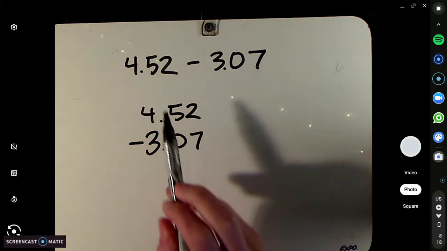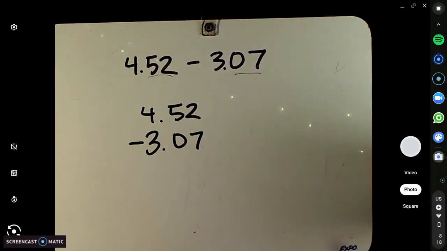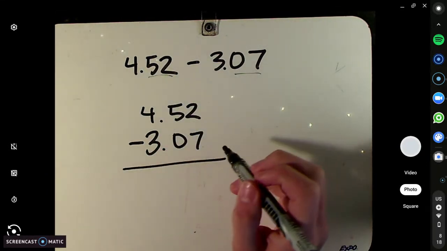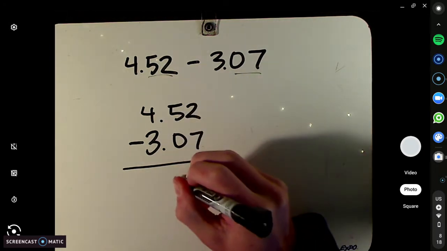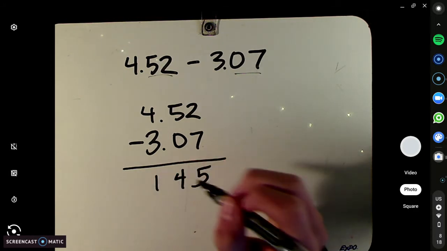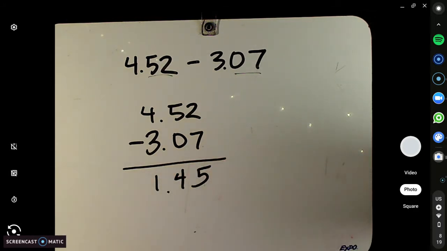Here, we don't have to add anything because they have the same number of decimal places. All right. And that is your answer here. You just remember to bring the decimal point down.